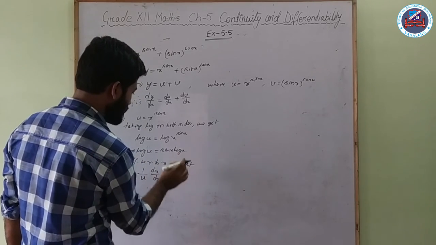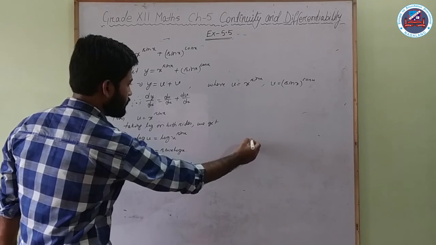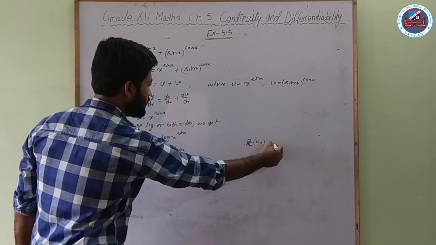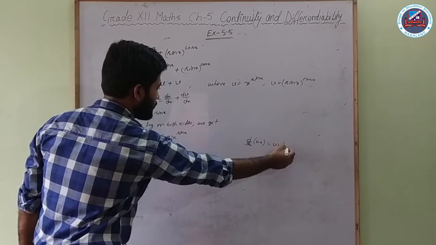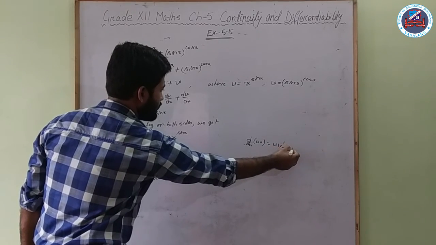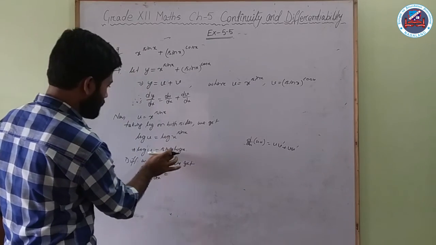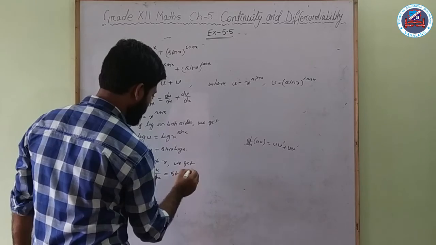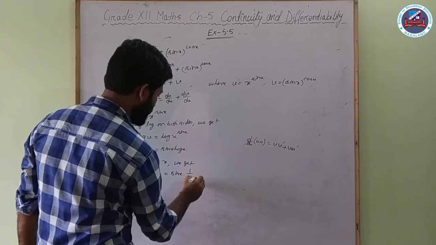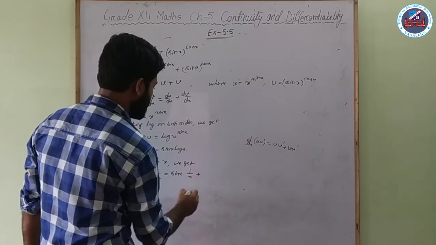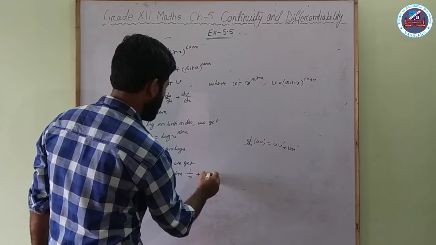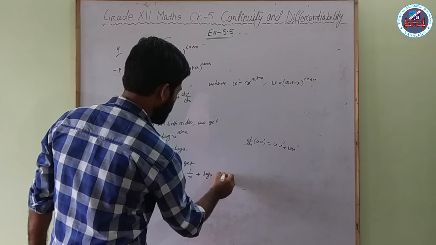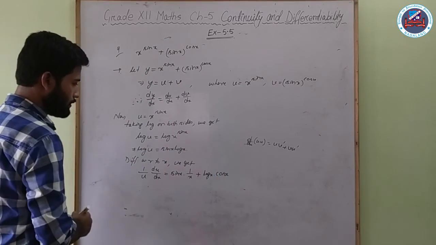Here we shall have, this is a product function, that is d/dx of uv is equal to u v dash plus v u dash. So first function into d/dx of second function, that is 1 by x, plus second function, that is log x, into d/dx of first function, that is sin x, will be cos x. Fine.